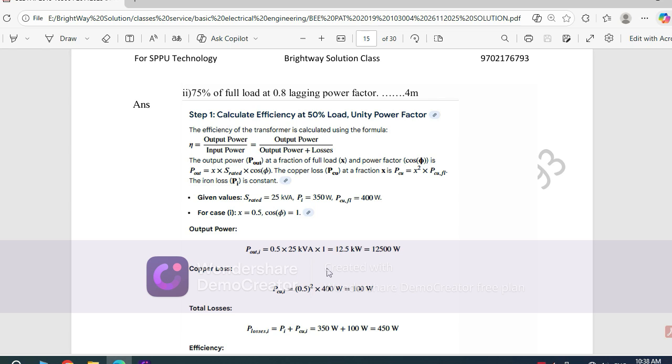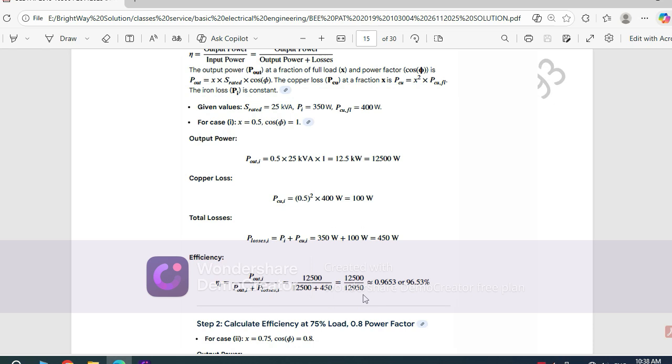Copper loss we can calculate as loading square into watt: 0.5 square into 400 watt, which is 100 watt. In this case copper loss is different, it is variable, not a fixed loss.